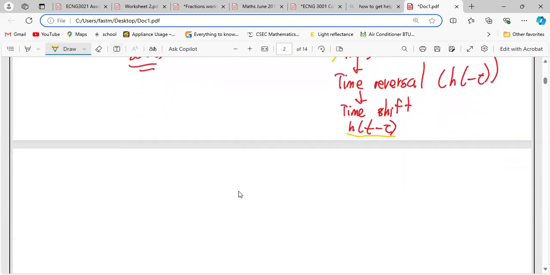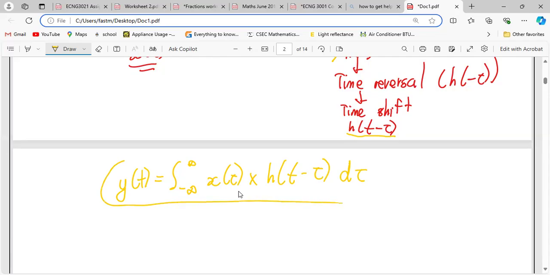Now, when you multiply those two together, that is where you end up with y at t being the integral from minus infinity to infinity of x at tau convolved with h at t minus tau d tau. So that's where the convolution equation comes from. This is basically what you have to remember above all.